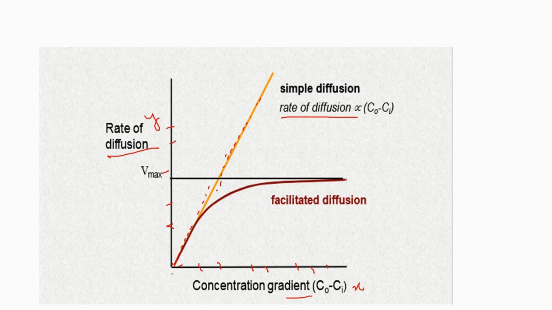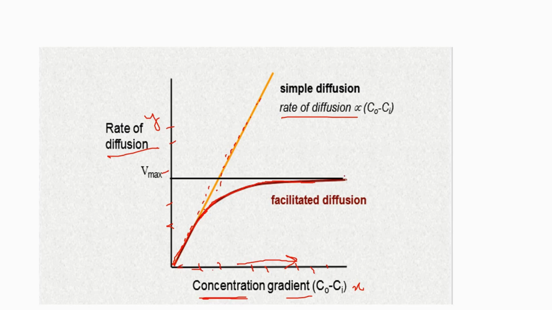Now, in case of facilitated diffusion, if the substance is transported through a carrier molecule, here as the concentration gradient is rising, there is rise in the rate of diffusion. After that, as we further increase the concentration gradient, there is no rise in the rate of diffusion.